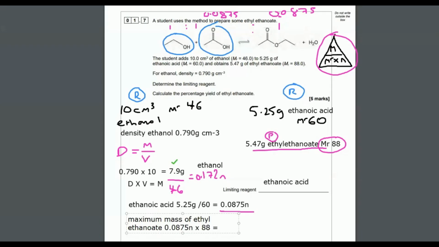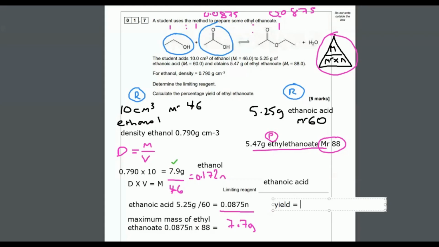What does that equal? Smash that in the calculator. So 0.0875 times 88. So maximum ethyl ethanoate is 7.7 grams. Now, hopefully you know your yield calculation.